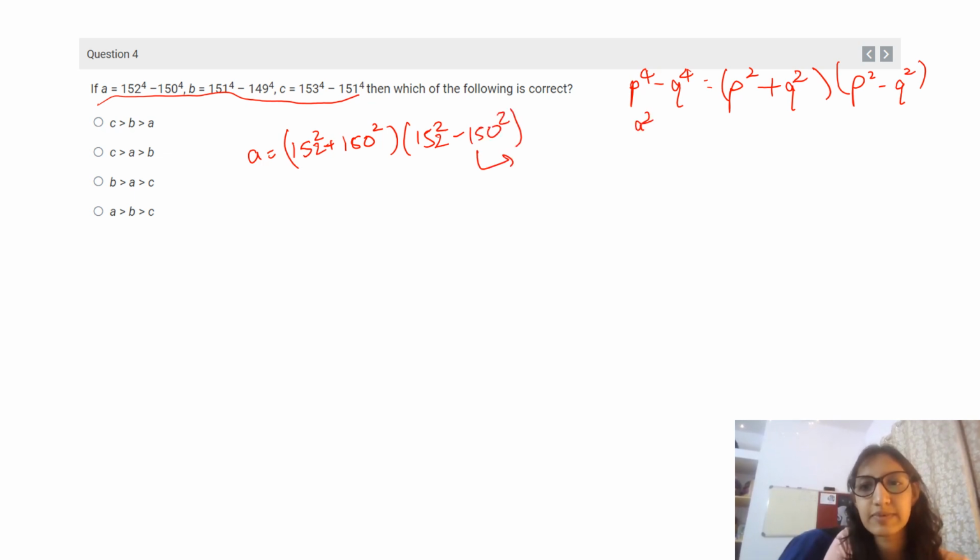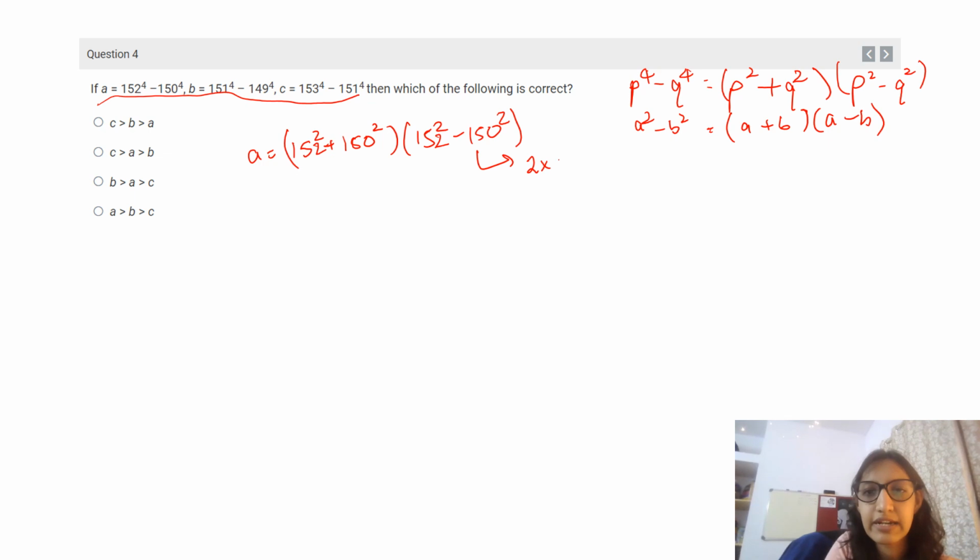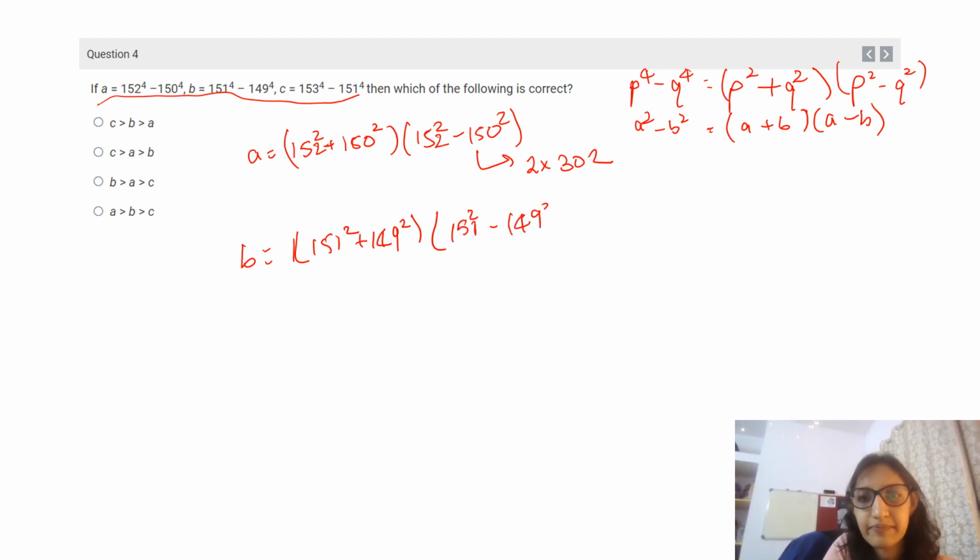A square minus b square, what is it, a plus b into a minus b. So this will be 2 into a plus b, that will be 302. When you write b, it will be 151 square plus 149 square, and this will be 151 square minus 149 square.